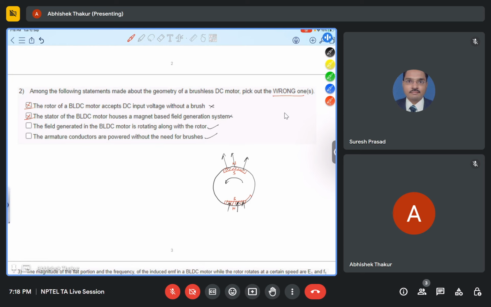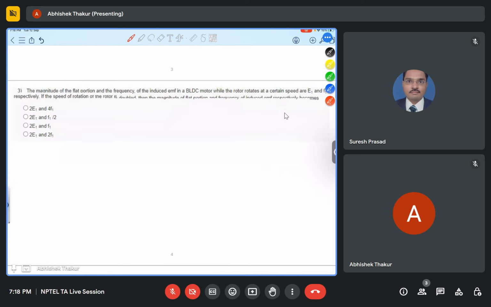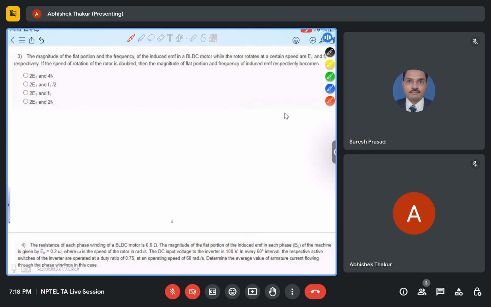So we'll see the third question. In this question, it is given that the magnitude of the flat portion and the frequency of the induced EMF in a brushless DC motor, while the rotor rotates at a certain speed, are E1 and F1 respectively.